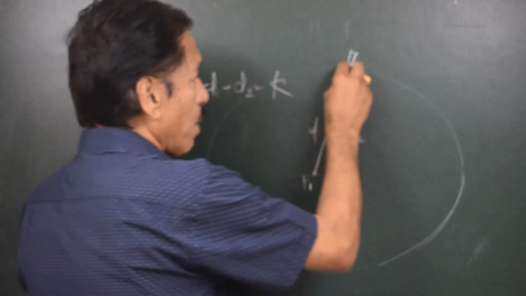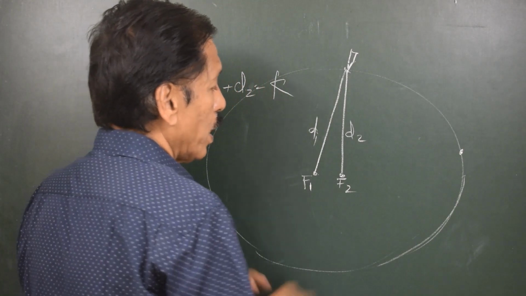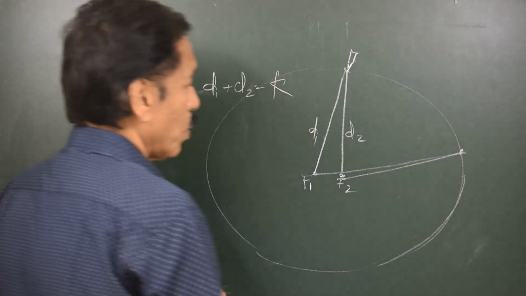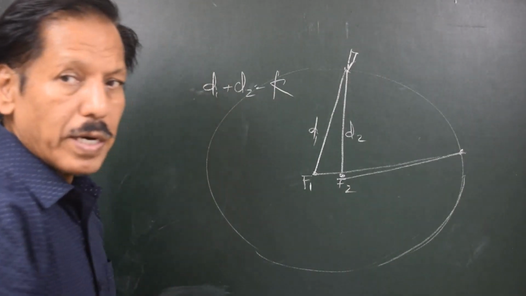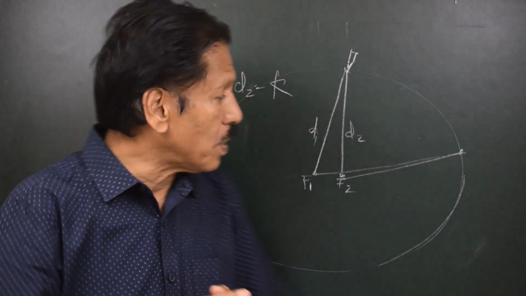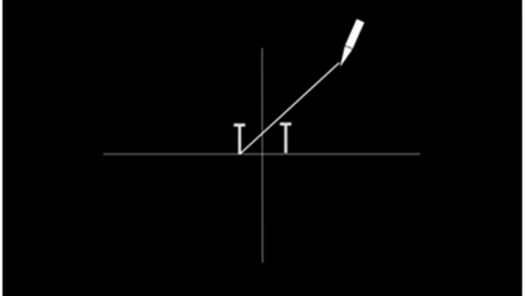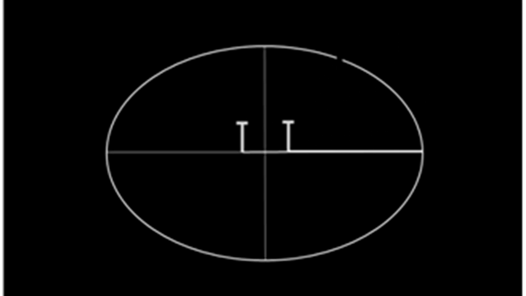That means if I take the pencil over here, then the total distance d1 plus d2 is the same as this distance d1 plus d2. So this is an ellipse. An ellipse is the locus of a point moving in such a way that the combined distance from the two fixed points, the foci, is constant.